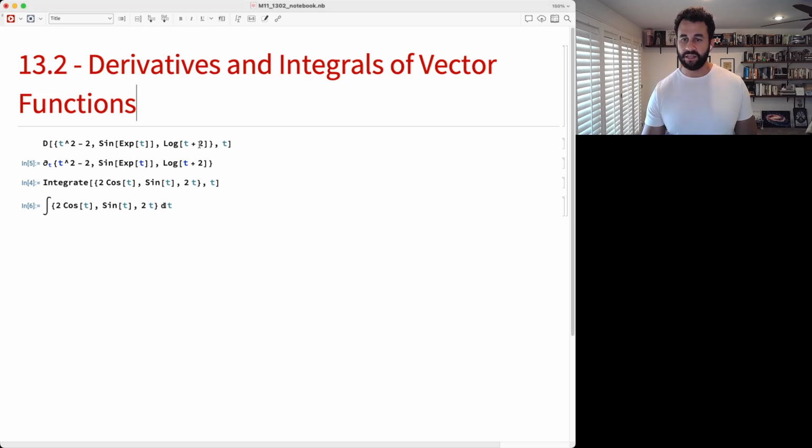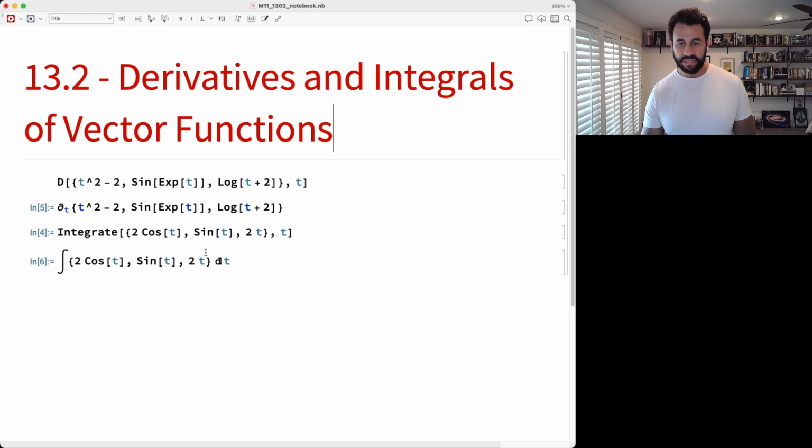What I've got here is, maybe I can zoom in a tiny bit more. That's a little better. Okay, so here I've got D, which is just the differentiation command. And look, I was able to enter my vector function as a list, just like we've seen before in Mathematica, entering vectors as a list. Here's the first component function.